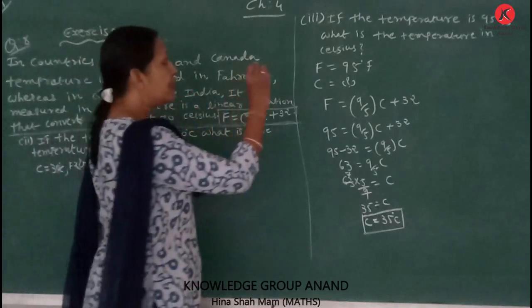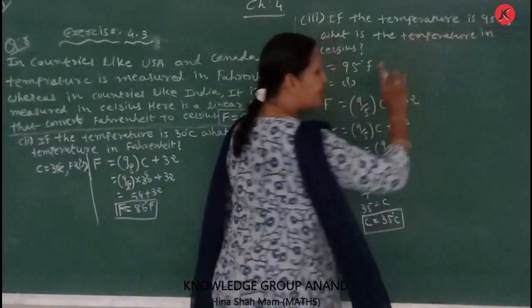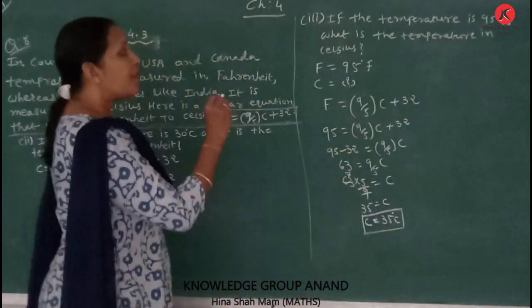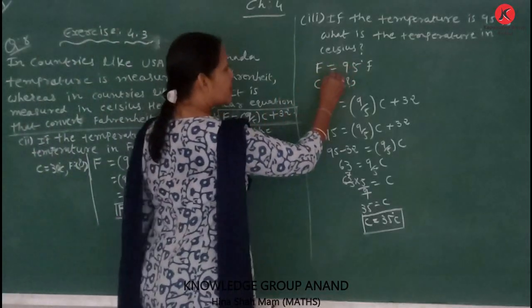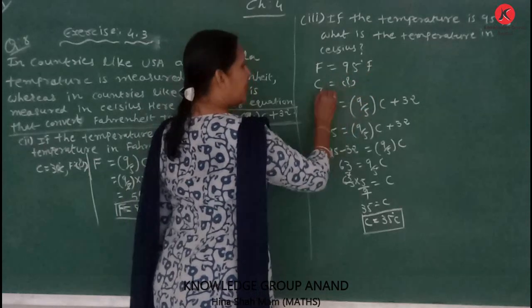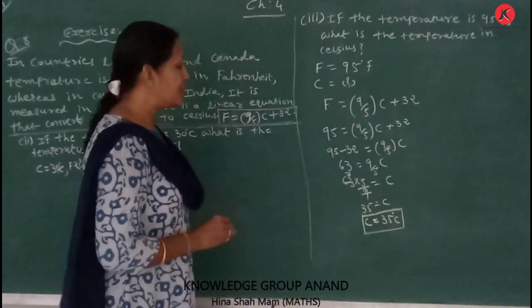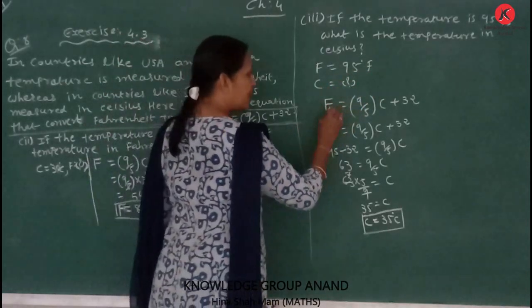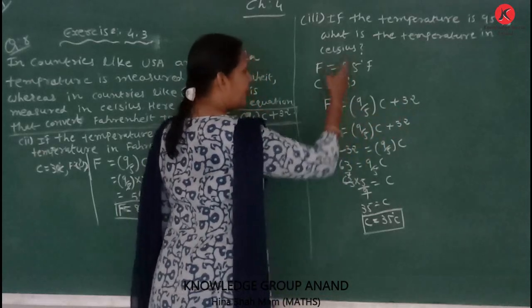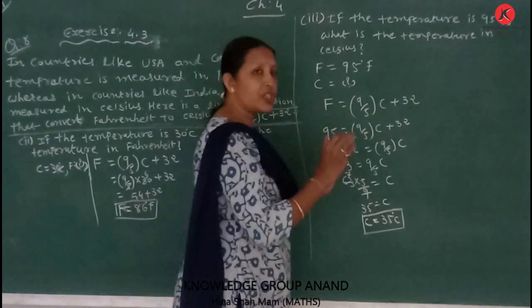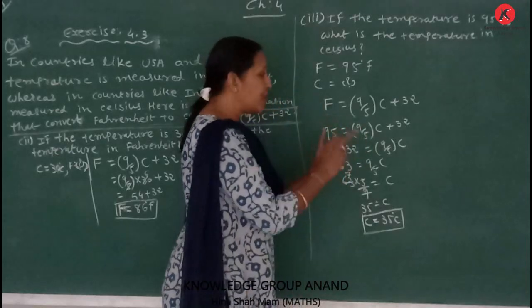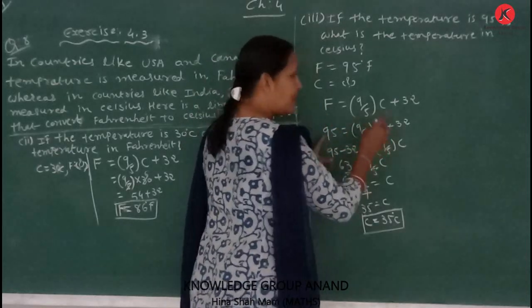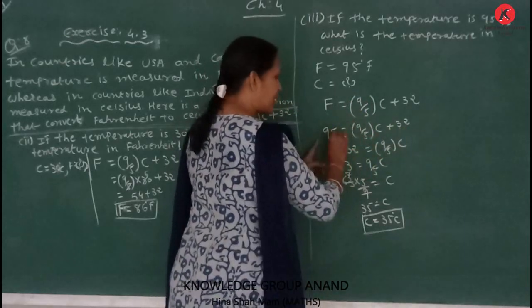Again this question: if the temperature is 95 degrees Fahrenheit, what is the temperature in Celsius? F is equal to the given 95 degrees. Then we find C. We write our linear equation and put in F is equal to 95. In simplification, don't cancel like this. First, clear the term: plus becomes minus.